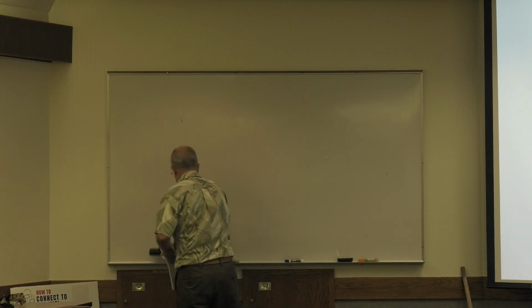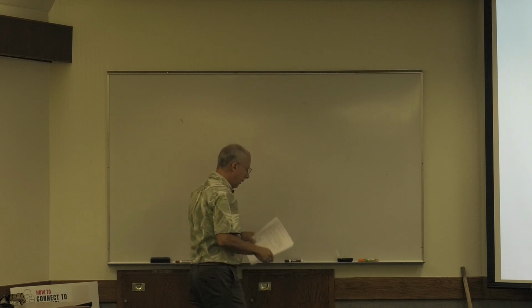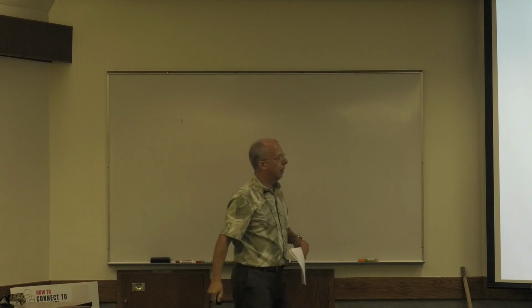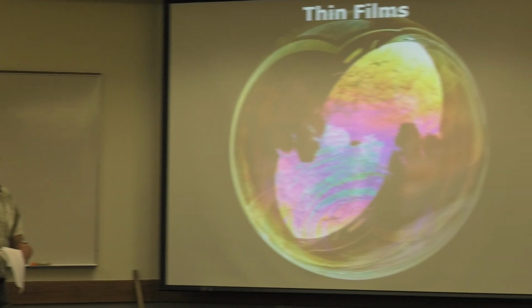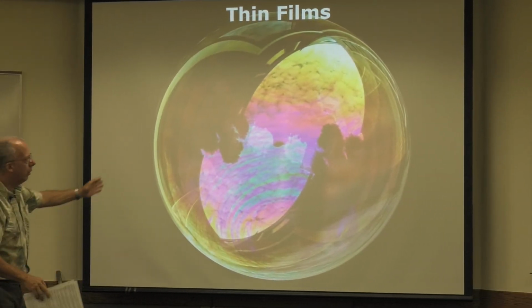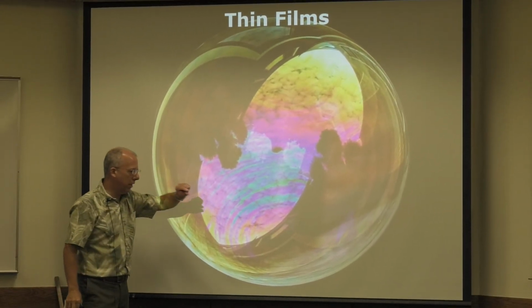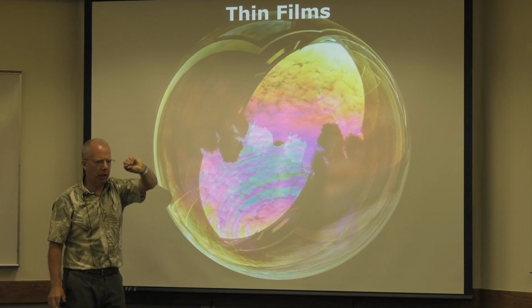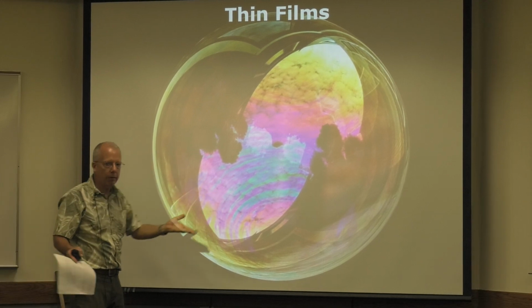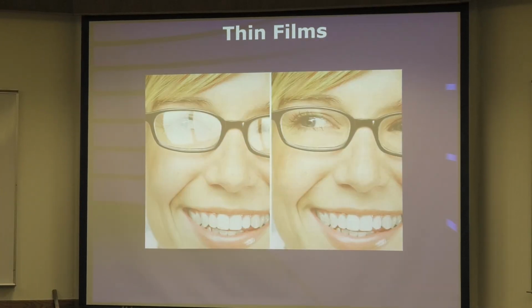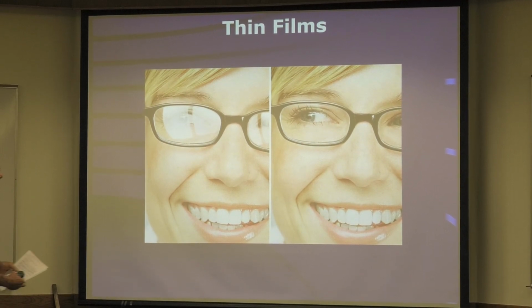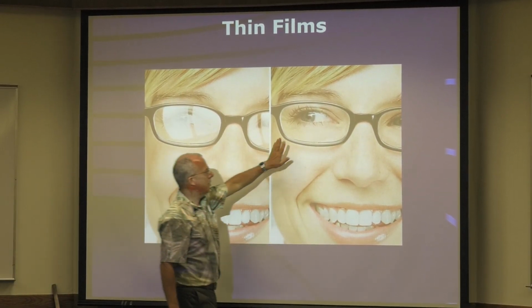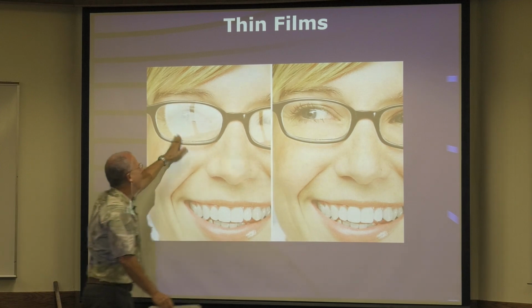Okay, now we're going to switch topics. Now we're going to talk about what's called thin films. So this is a bubble, right? You can say that the surface of the bubble is a thin film. Or, here's another. So what's here that isn't here?